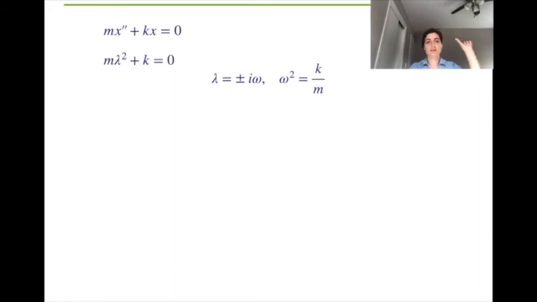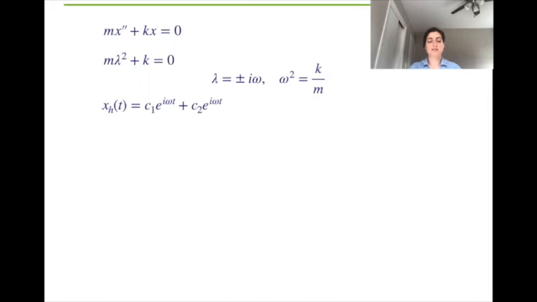So you take the homogeneous problem, you replace the derivatives of x by powers of lambda, you solve for lambda, and in this case lambda is purely imaginary, so we're going to write it as plus or minus i times small omega, where omega squared is k over m.